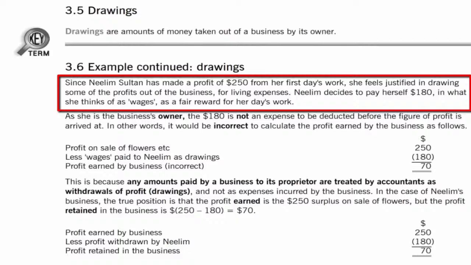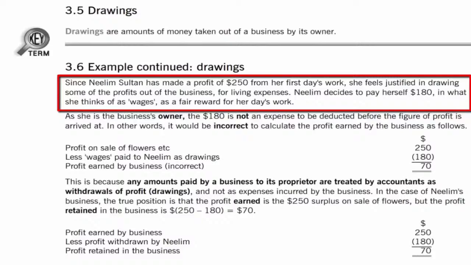Neelam Sultan earned a profit of $250 on her first day of business from selling flowers and other items. Feeling pleased with her day's work, she decides to take $180 out of the business to cover her living expenses. Neelam thinks of this as wages for herself, as a fair reward for the work she put in that day.